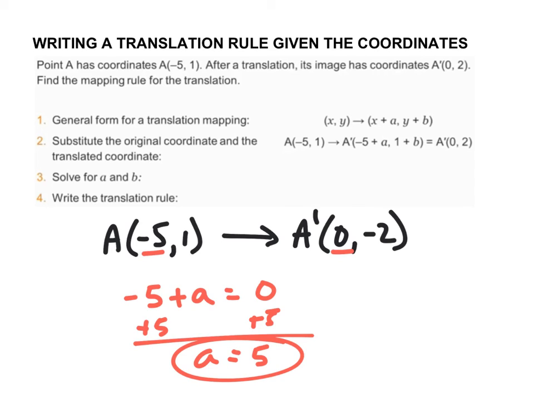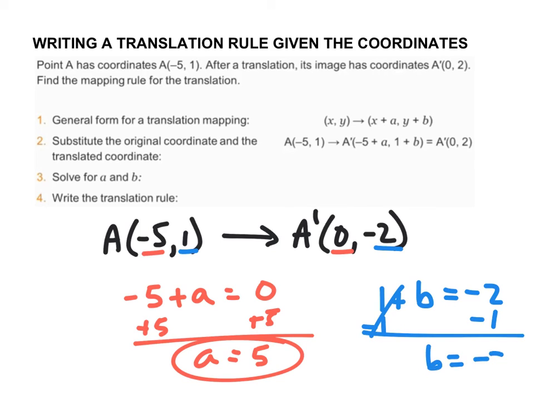Now think about your y value, 1 to negative 2. I can set up an equation and say 1 plus some number b gives me negative 2. That's a little tricky because it's hard to see, but to go from 1 to negative 2 means that I would really be subtracting 3. So to solve this equation, I would subtract 1 from both sides, and I would get that b is equal to negative 3.